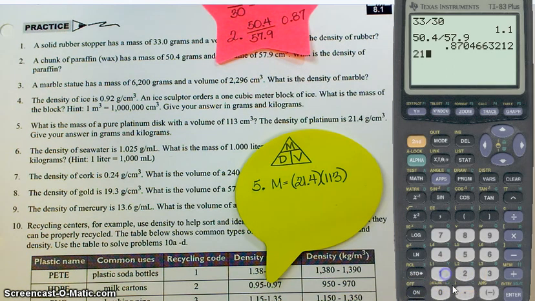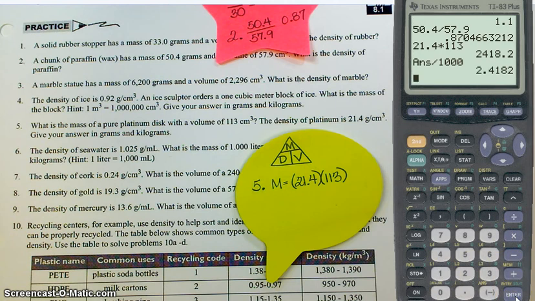So that's 21.4 times 113. That's going to be in grams, and then divide by 1,000.